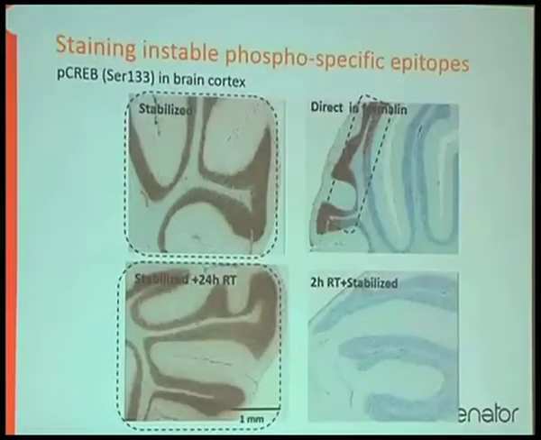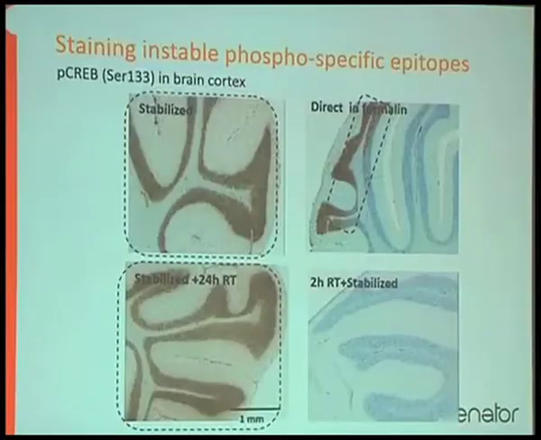This is another example. This is more specific. This is brain tissue, a protein called CREB, a specific phosphorylation. So this is immunohistochemistry. A whole brain is either stabilized in the instrument and then placed into formalin, or directly placed into formalin.